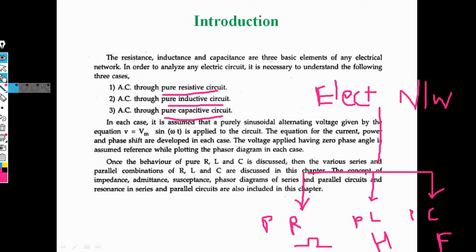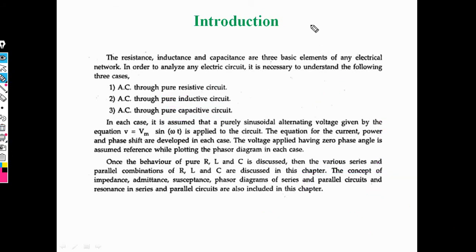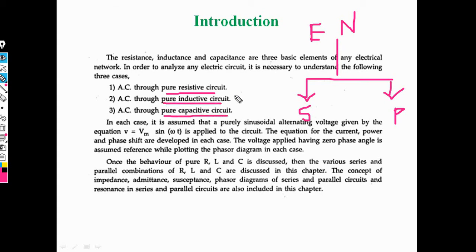That means the electrical network is also classified into 2 circuits. The first one is the series circuit, and another is the parallel circuit. Then we can use pure resistive, pure inductive and pure capacitive circuits.